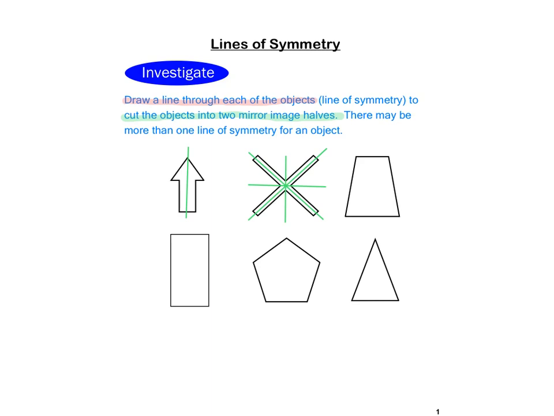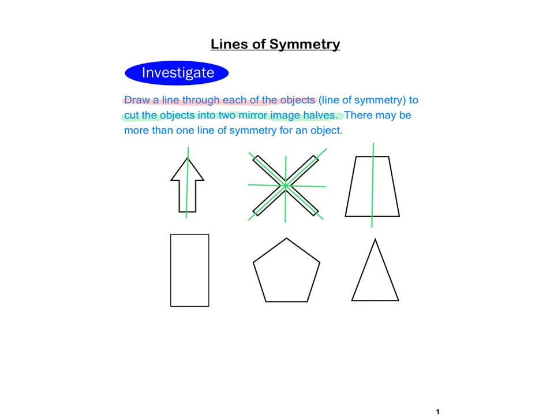Okay. Now, on the far right at the top, we have a trapezoid. Does the trapezoid have any lines of symmetry? So, the trapezoid would have 1 line of symmetry. And that line of symmetry would be a vertical line drawn like that.